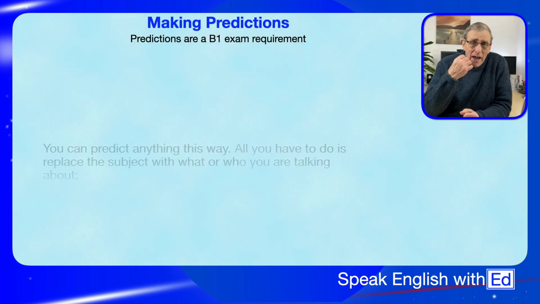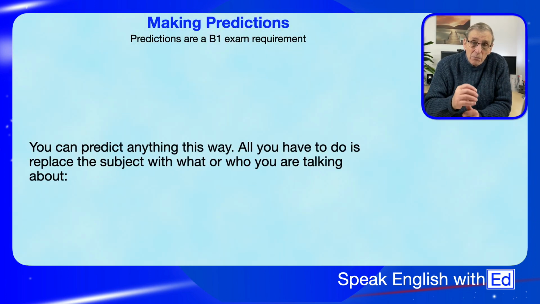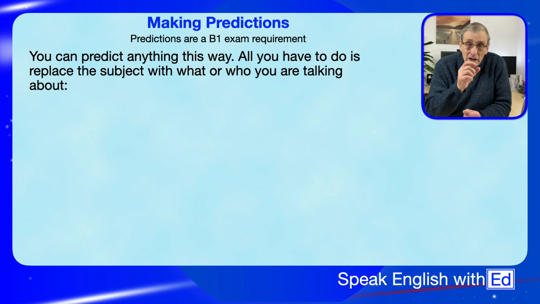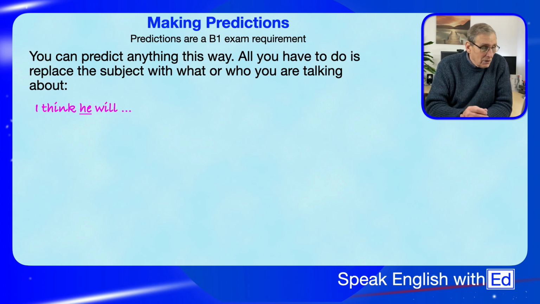And you can talk about any subject in this way because all you have to do is change the subject. So if you're talking about a person, you can say he will, or she will.